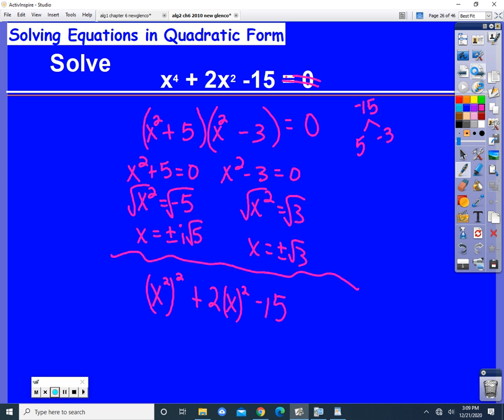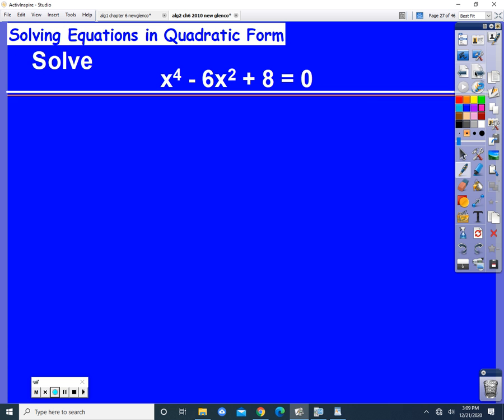Okay, let's do another one of these because the majority of them are solving. So you're going to look at the 8 and what factors of a positive 8 when added together give you negative 6. Well, both need to be negative, so you can get a positive 8 product and add to get negative 6. So you can build your 2 parentheses. But remember, you don't want just x's, you want x squared. So minus 4, minus 2, set both equal to 0 because you're solving.